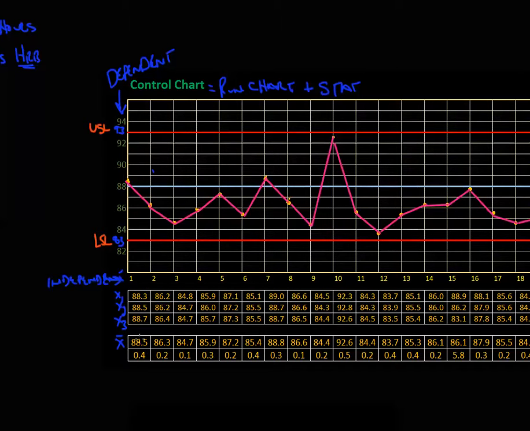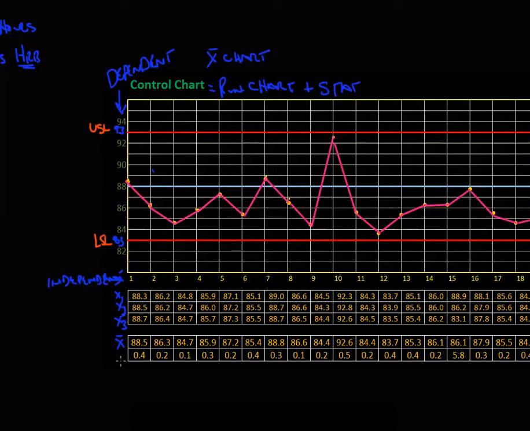So I took the 88.5 and I plotted it on my chart. And this is a run chart, but we're plotting the X bar values. So frequently you'll hear this referred to as an X bar chart. So this is a run chart. We're plotting the X bar values, and then we're adding statistics to it. So it's an X bar control chart.